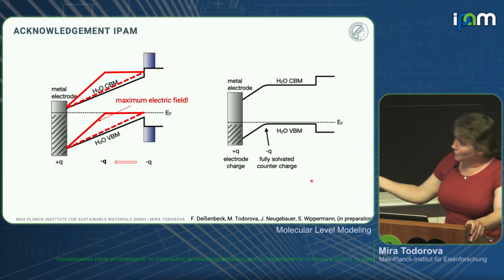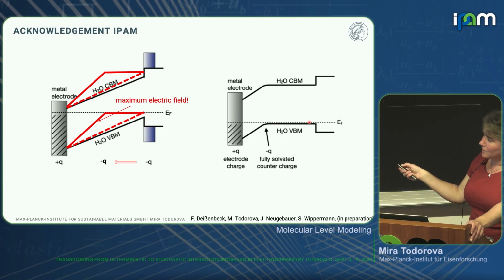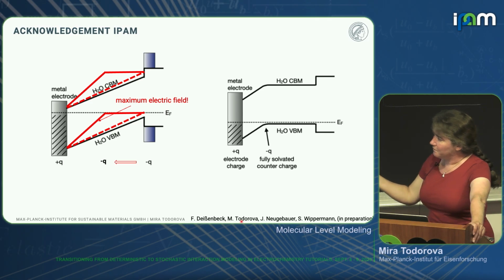Then it would look such that we have here our electrode, we have here our fully solvated countercharge, and then we have also the valence band and conduction band of water flat in this region, and this would be whatever the vacuum neon.